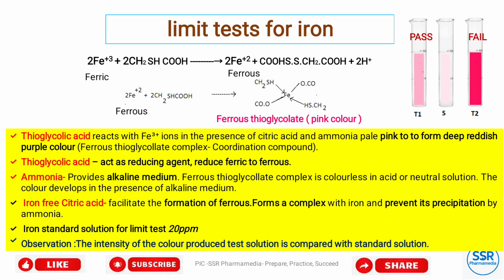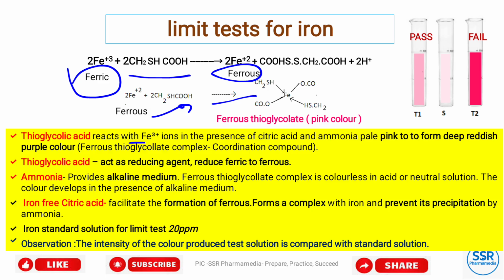So next is the limit test for iron. These are the reactions in the limit test for iron. First, ferric ion is reduced in the presence of thioglycolic acid to ferrous, and this ferrous again reacts with thioglycolic acid to form ferrous thioglycolate, a pink colored complex.